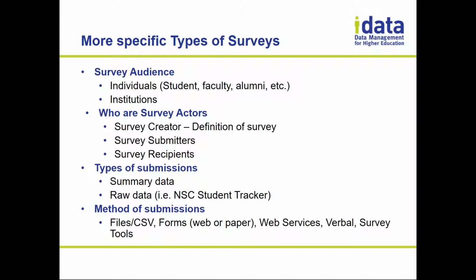Someone's giving you a verbal response, and you're taking that summary or qualitative answer verbally. Or you're using survey tools like SurveyMonkey or Qualtrics, which my team brought up to me the other day. So there are a bunch of survey tools that people use mainly for those individual surveys, but could be used for larger things. So these are the different methods and different types of surveys.